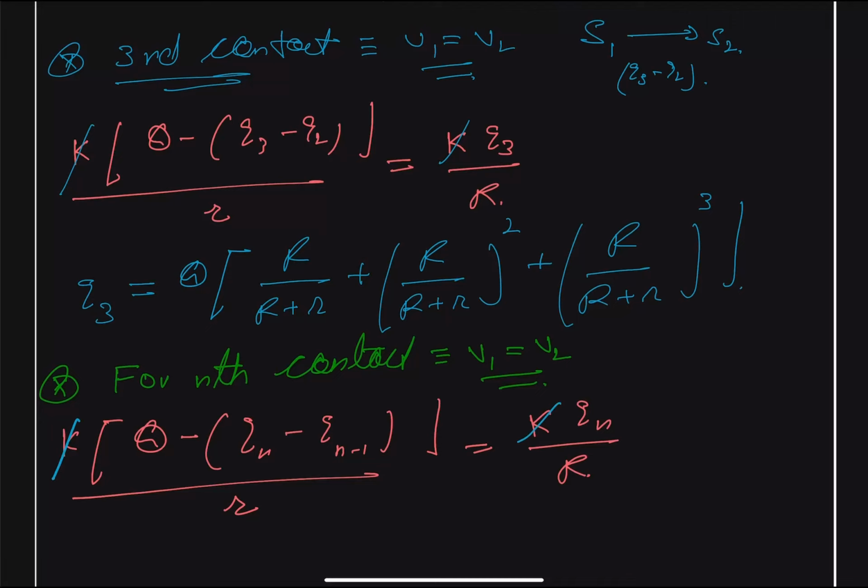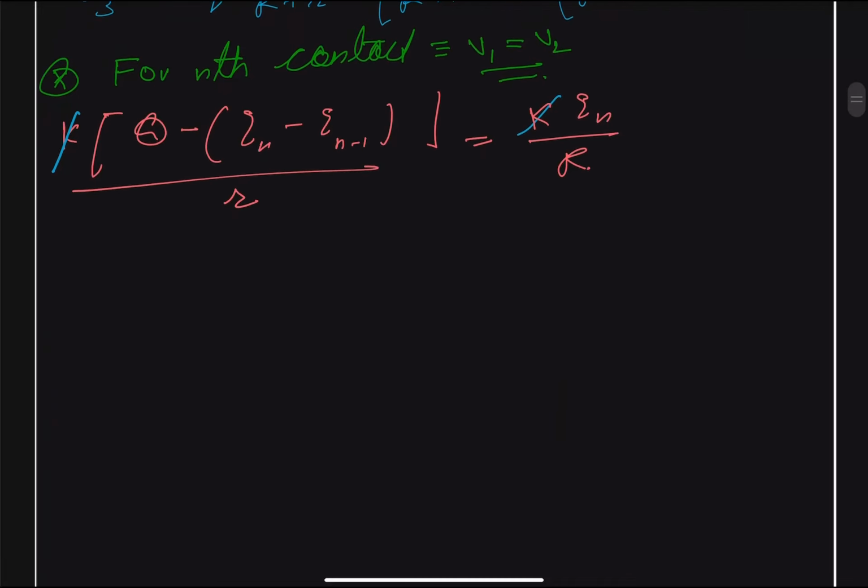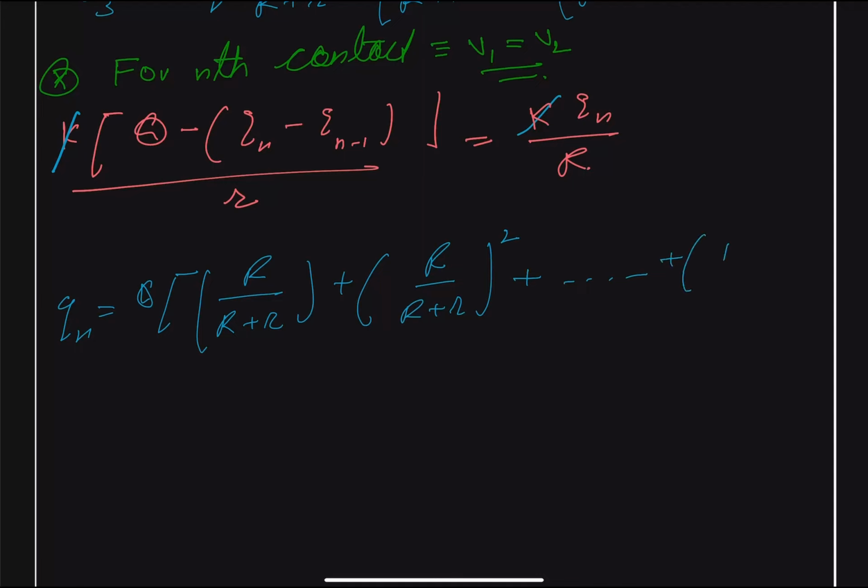K and K easily cancel out, and we can write that the equation for Qn will be equal to Q, and I can write this as R upon R plus r, and the power is going to increase by 1, and this will go on so on up till plus R upon R plus r whole raised to power n.